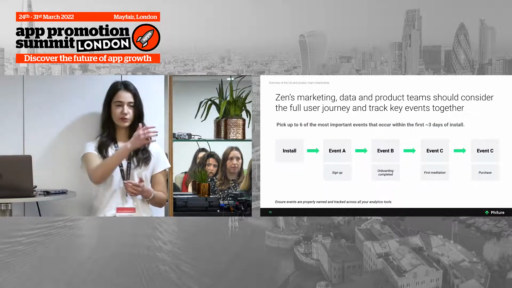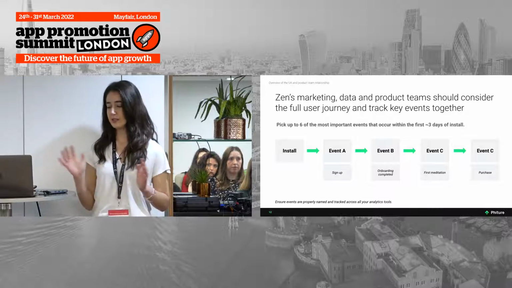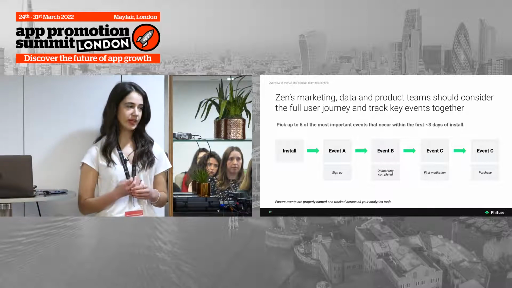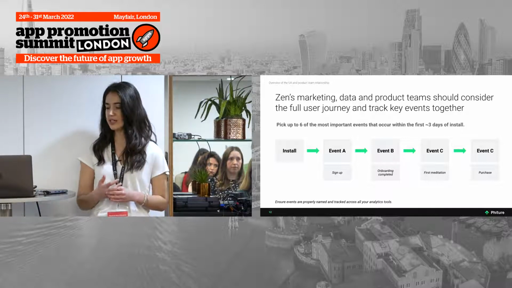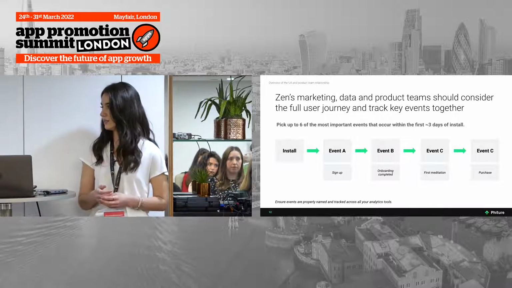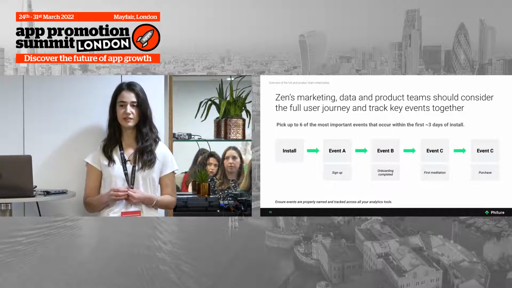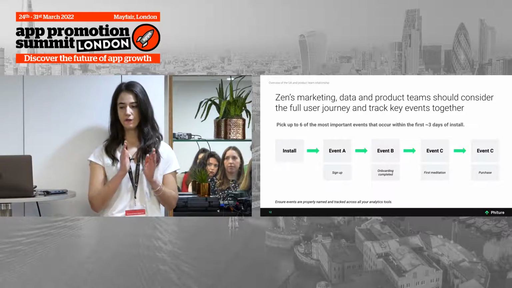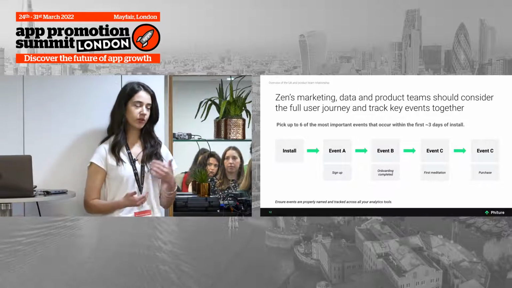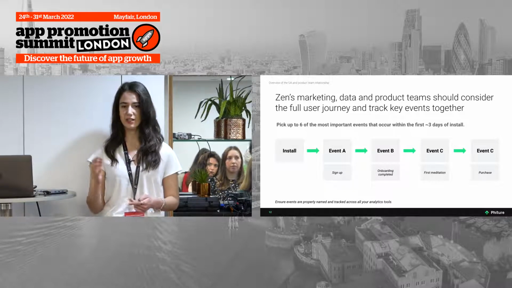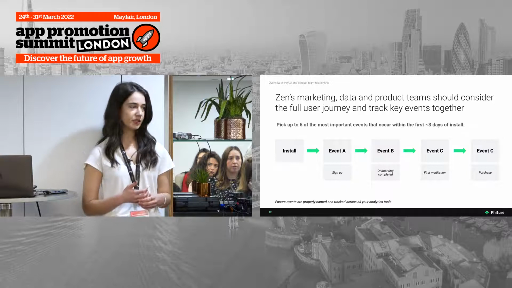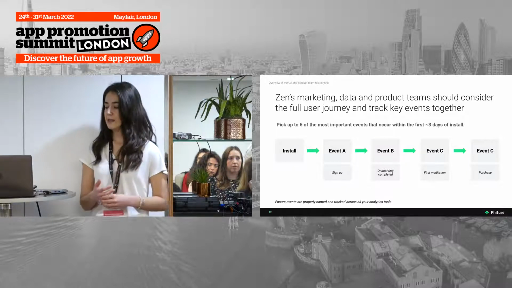So this starts with a simple stage where the UA team sets the events that they're going to be tracking in the MMP, to involve the product and CRM teams and also the data team, because it's super important that the data team is aligned with the funnel of the users and what we're tracking, what the UA team is optimizing towards, and what the product and retention team is going to be optimizing towards.